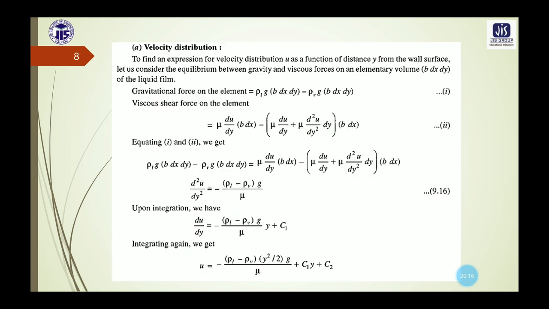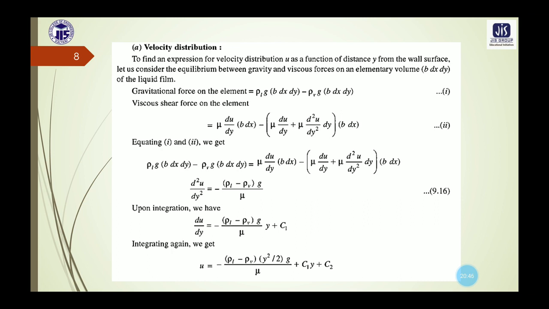So in case of the gravitational force on the element in the liquid and vapor film, it will be rho L g multiplied by b dx dy minus rho V g multiplied by b dx dy. So this is the gravitational force on the element.